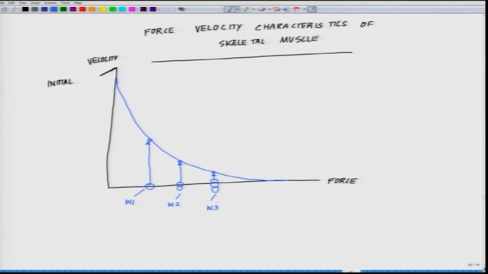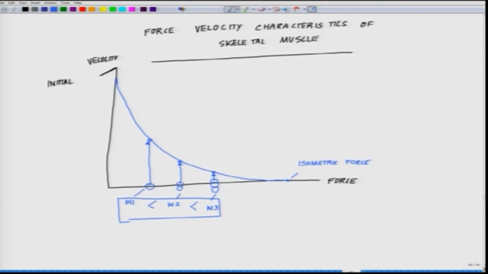You are increasing the amount of weight, so this is increasing. And this leads to something we call the isometric force. So what is your isometric force?